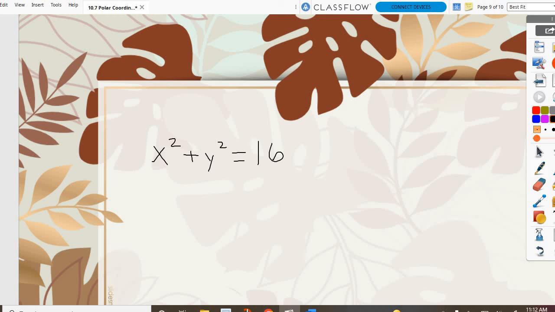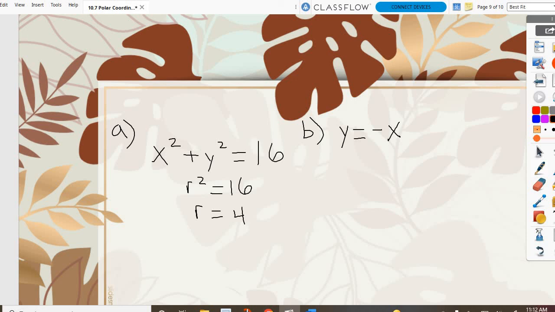What is x squared plus y squared? So 16 is r squared, which would also just be r equals 4. I was overthinking. Easy.